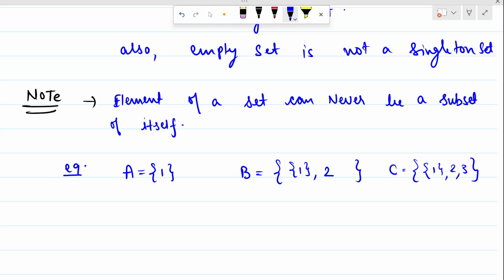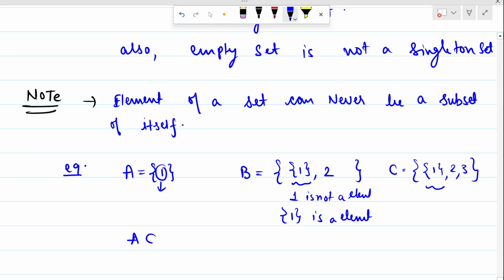So here 1 is an element, and here 1 is not an element, but this {1} within braces is an element. Similarly for C we have 1 is not an element and the other 2 and 3 are elements.